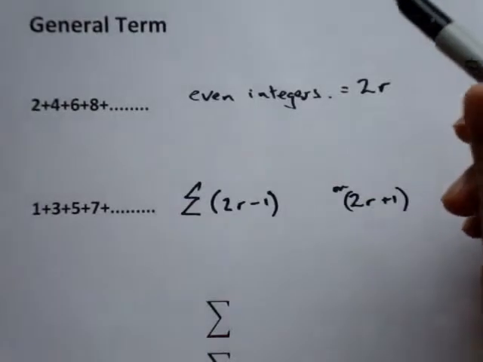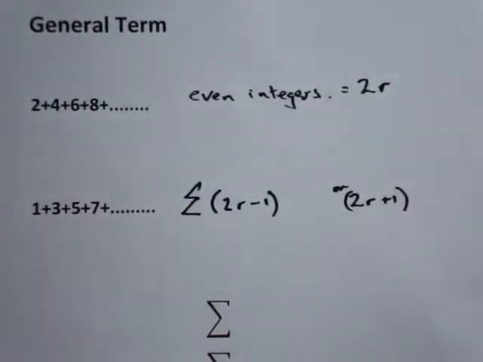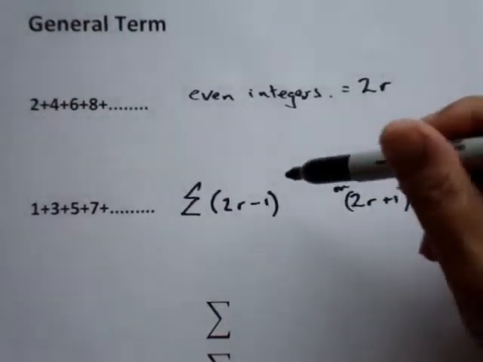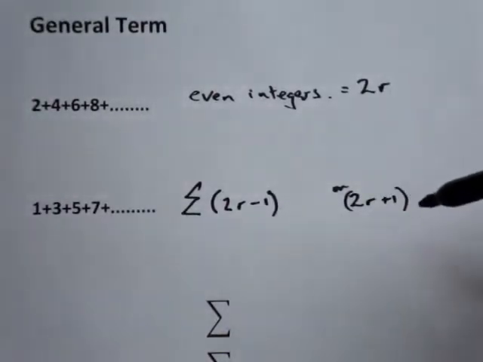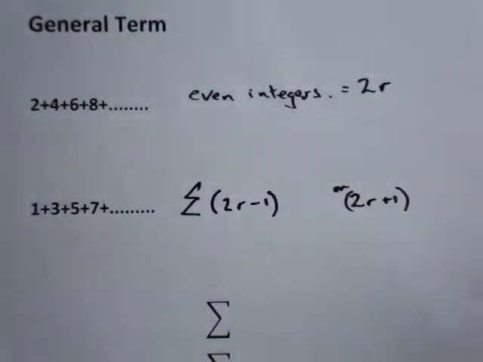So an even integer is written as 2r, and an odd integer as 2r minus 1 or 2r plus 1.